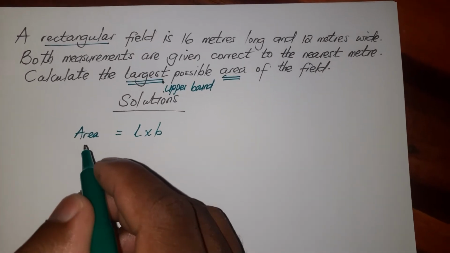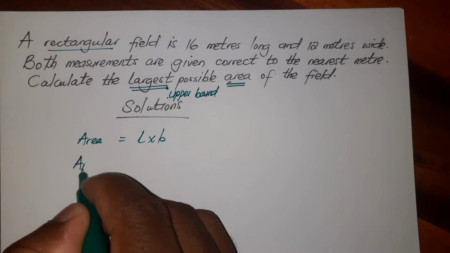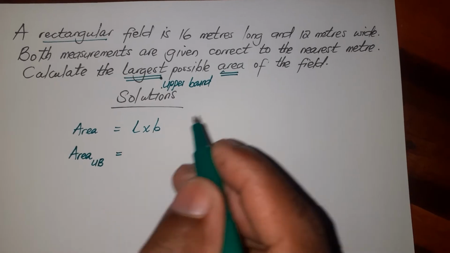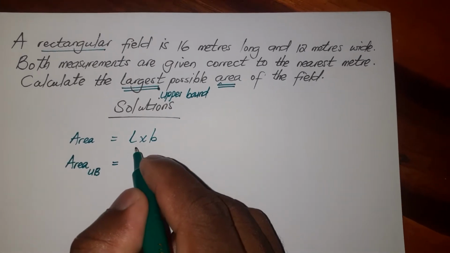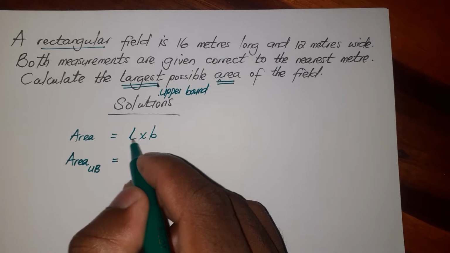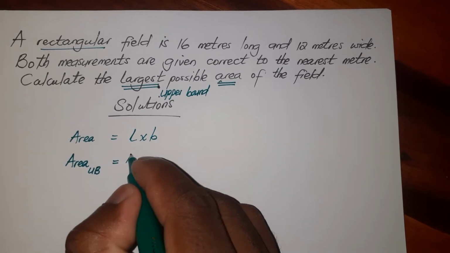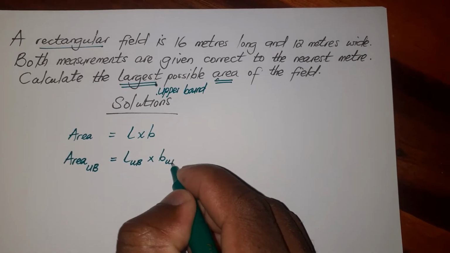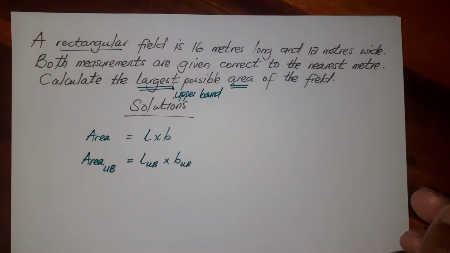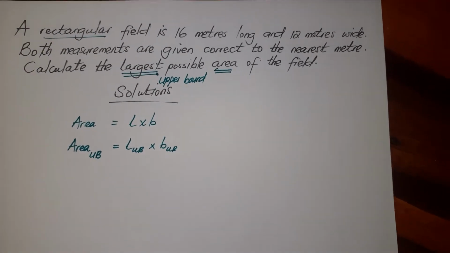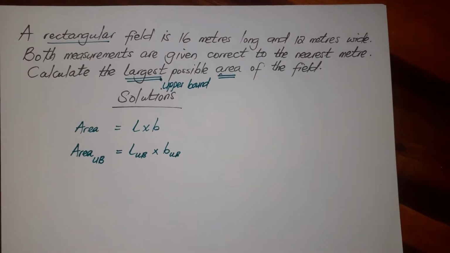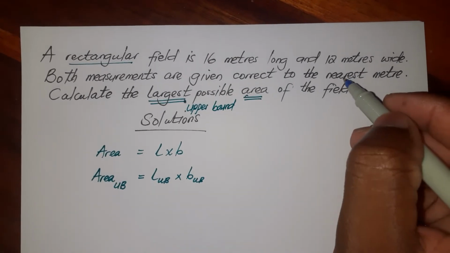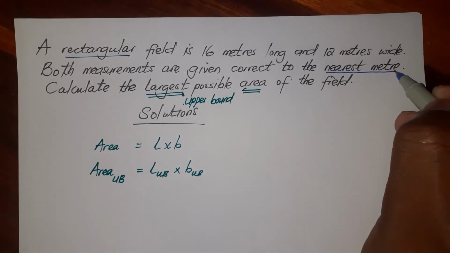So therefore, we have to write our formula: area, and I'll use UB to mean the largest, and therefore for the length and the breadth, we should also find their upper bounds. But the question is, how do we find the upper bound of the length and the breadth? Now we need to take note of where it says correct to the nearest meter.